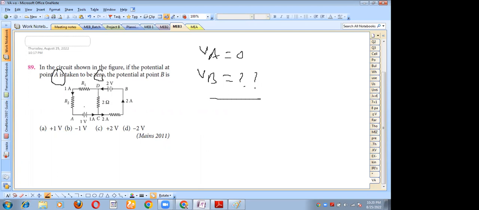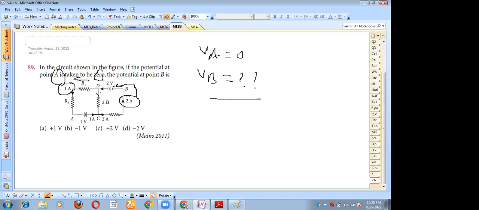So let us see how to solve this question. First I will give you an idea how to approach such questions. Here you see, 2 ampere current is flowing. So 2 ampere current will flow like this. But here you can see 1 ampere current is going in this direction.